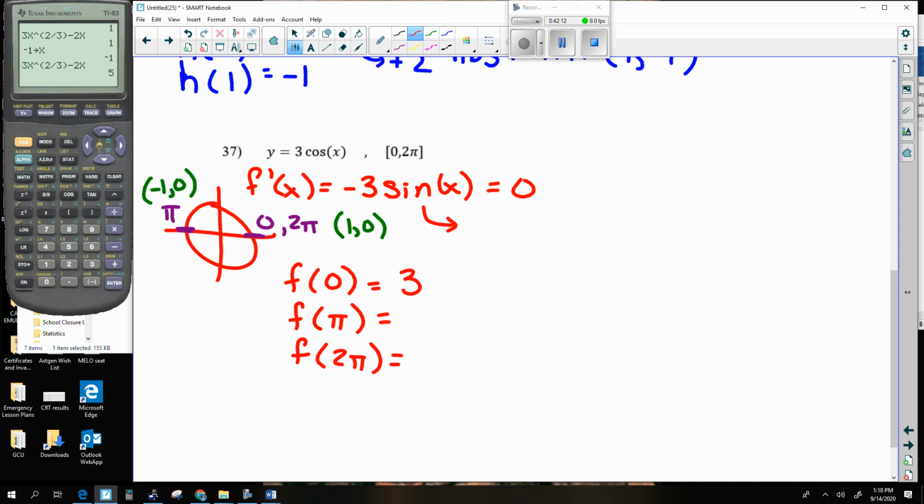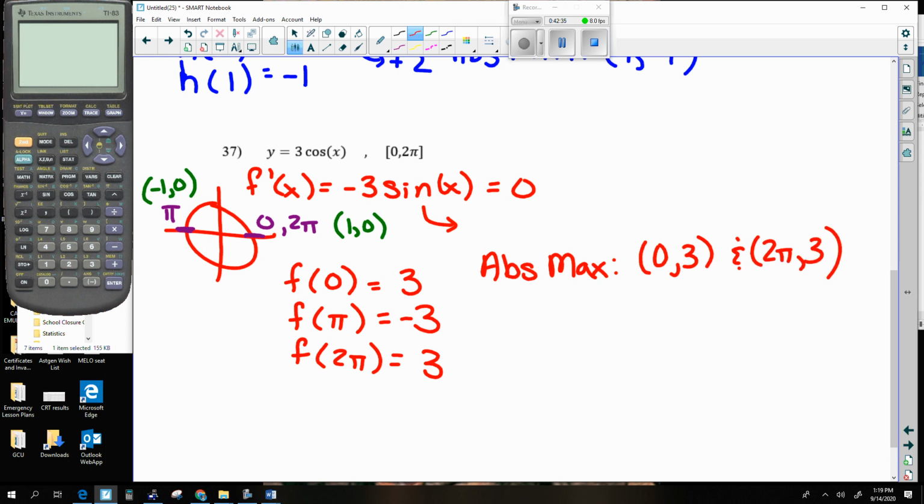When it's at pi, it's -1, that'd be -3. When it's at 2 pi, again, it's 1, and that'd be 3. So it shows that my absolute maxes occur at 0, 3, and 2 pi, 3. And then my absolute min occurs at pi, -3.